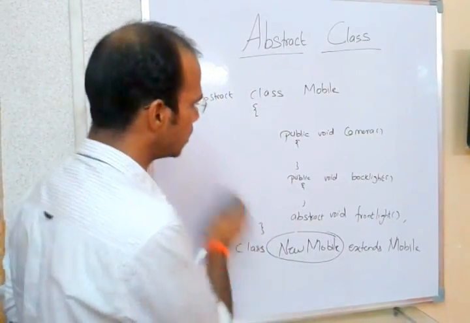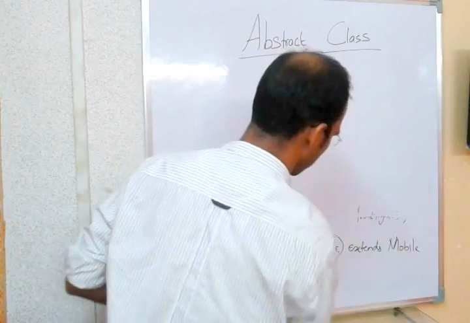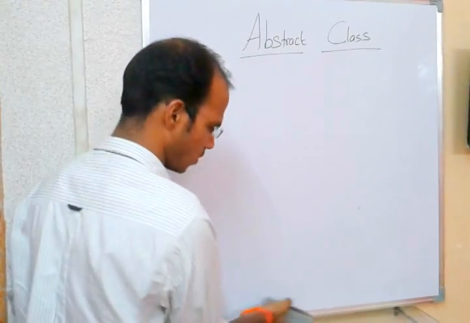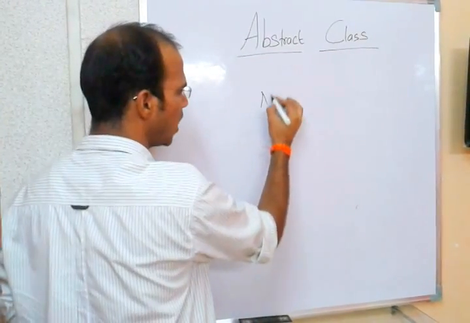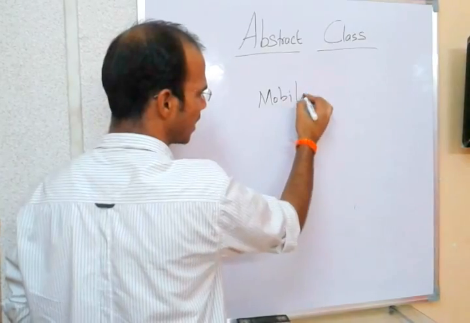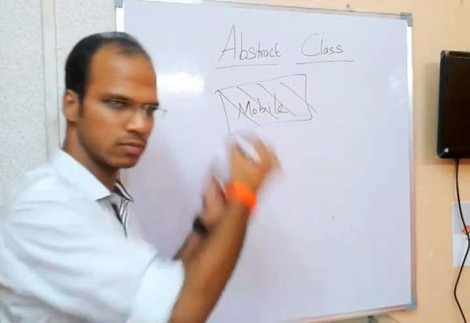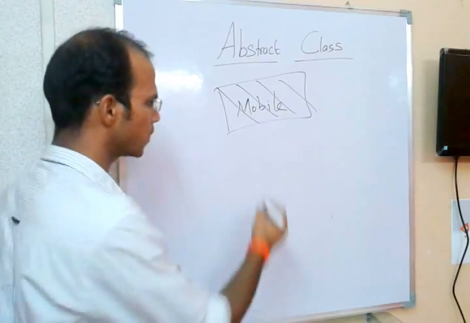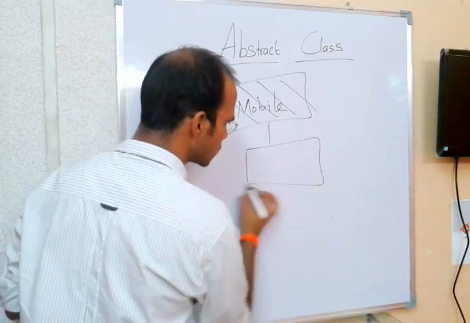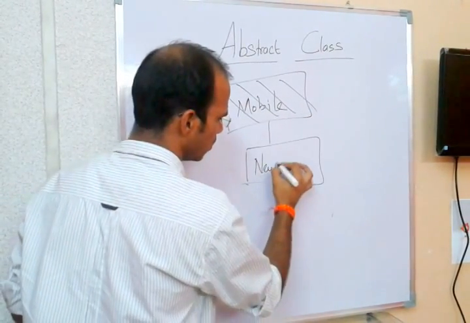So, it's something in this way: you have a mobile class which is abstract, so these lines are abstract. You are creating a new class called New Mobile.